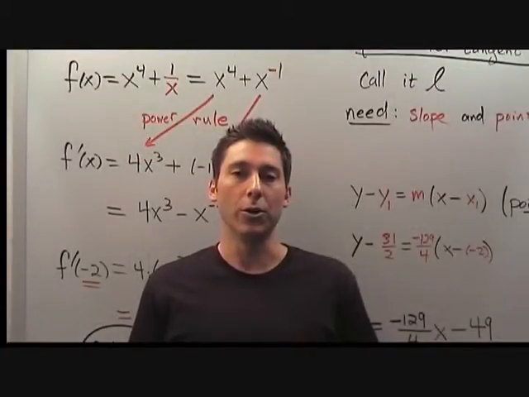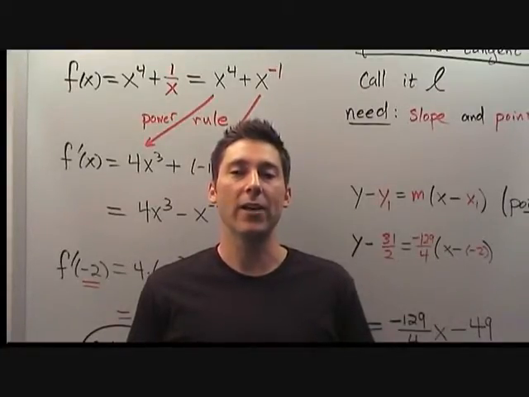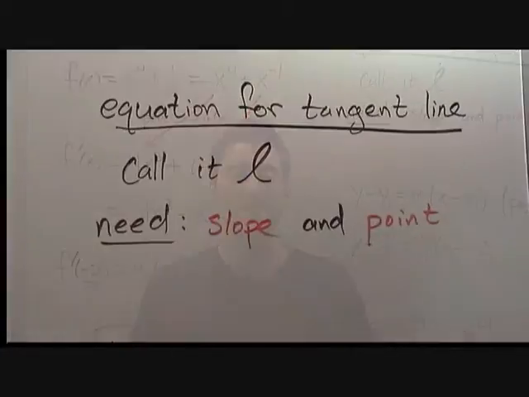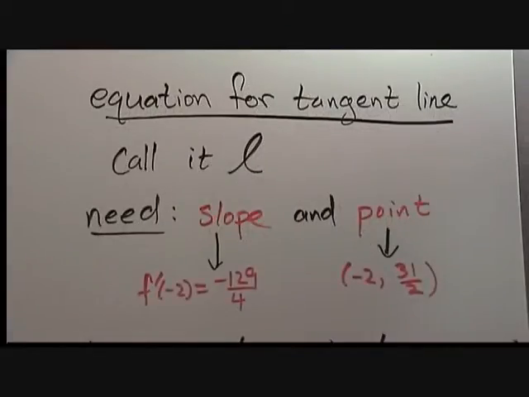All that's left to do is to put together our two pieces of information and write down the equation for the tangent line. We need the slope and a point. We obtain the slope by computing f prime of -2, which is -129 over 4, and we obtain the point by evaluating f of -2, which is -2, 31 over 2.